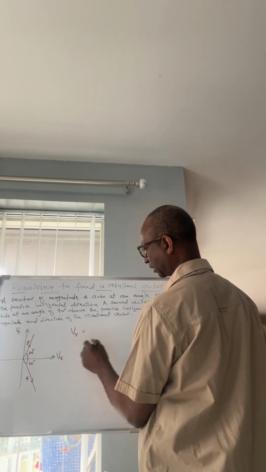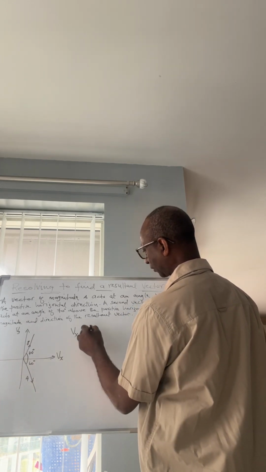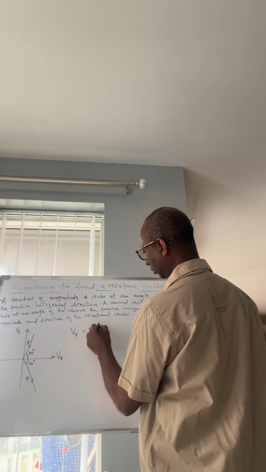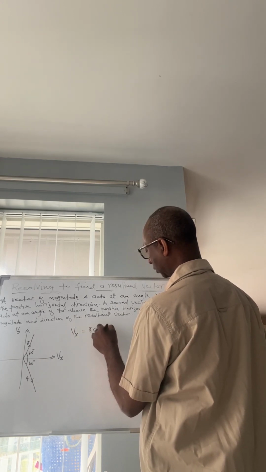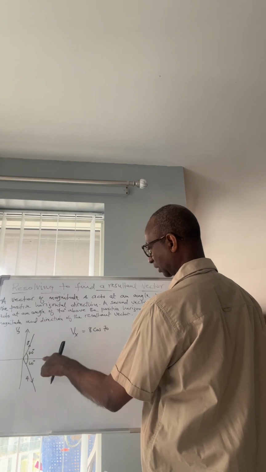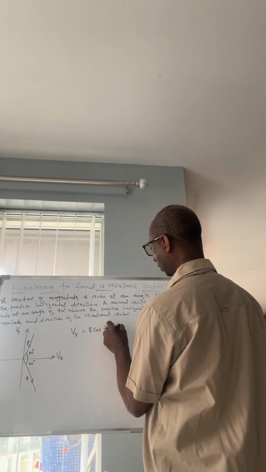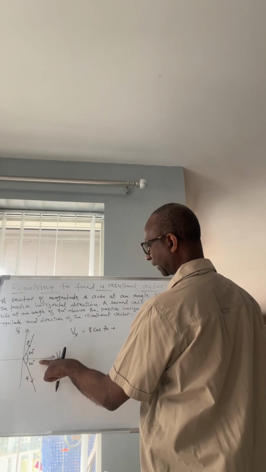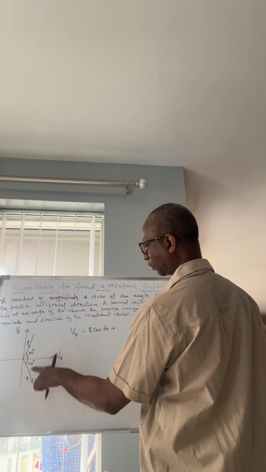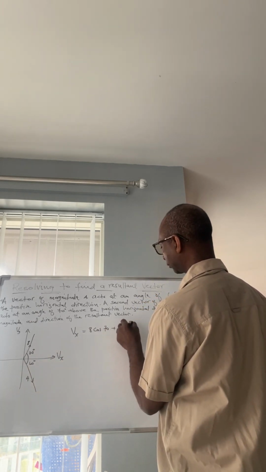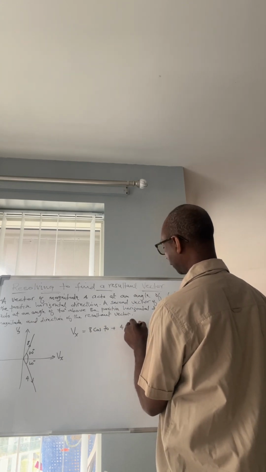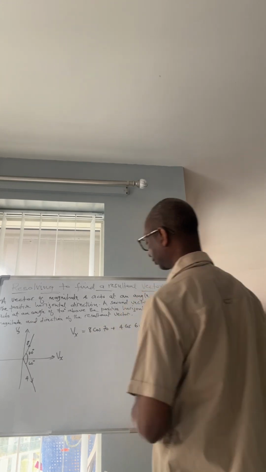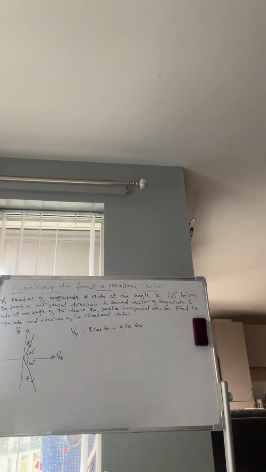So Vx is going to be 8 cosine of 70. You resolve this, it's positive as well. This is going to be 4 cosine of 60 degrees.